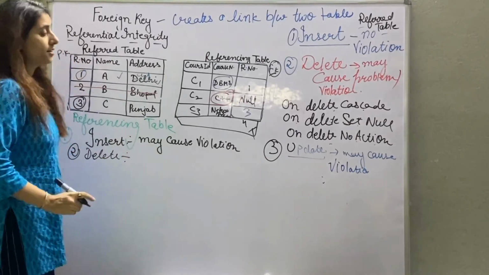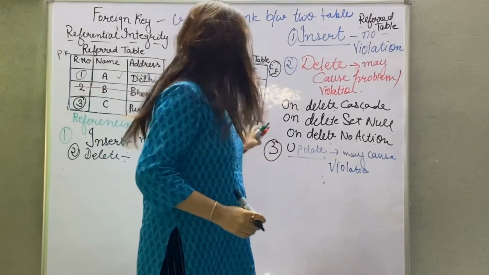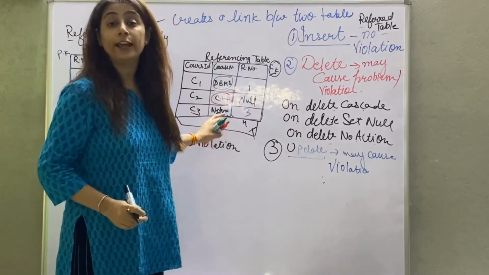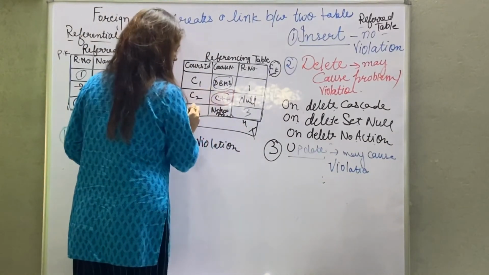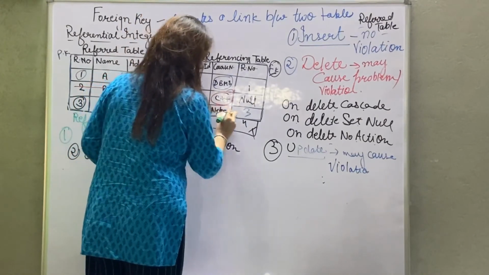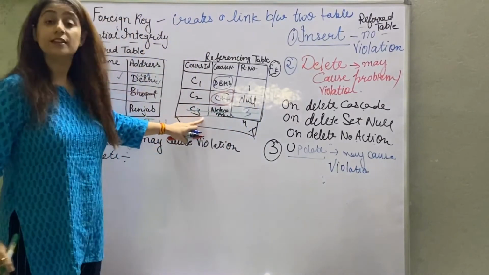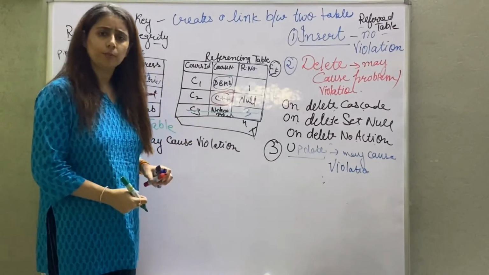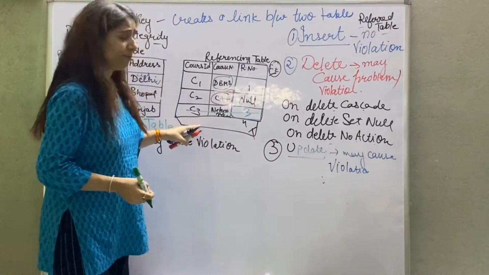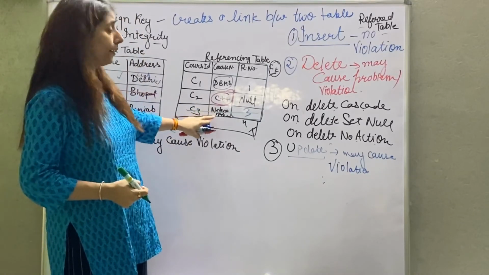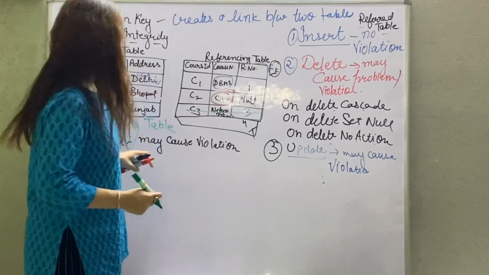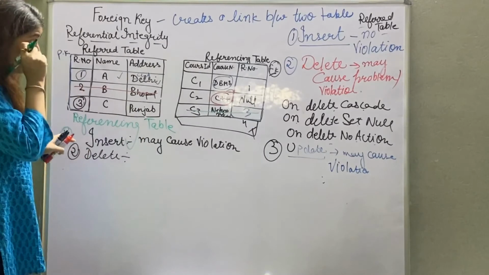Delete means if you want to delete any entry from here. Suppose you want to delete this entry from here, then there will be no problem. What do you think? Is there any problem? There will be no problem. You can delete the entry from the referencing table.